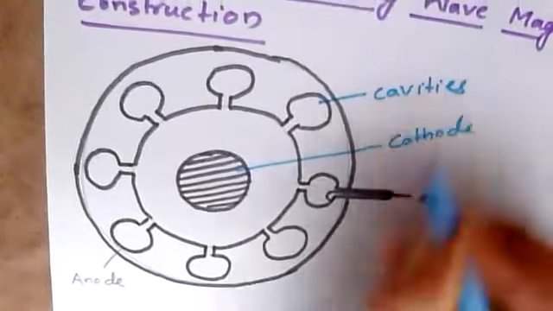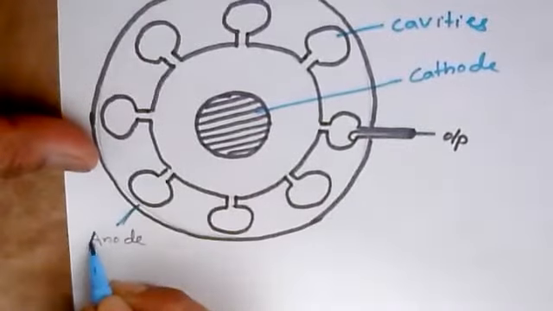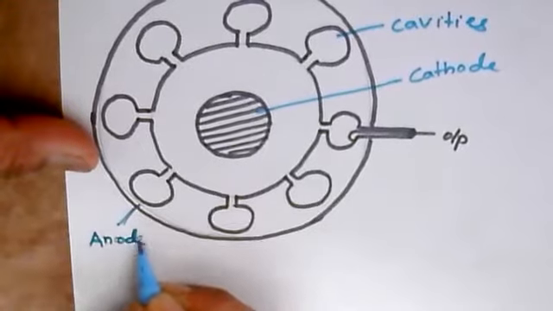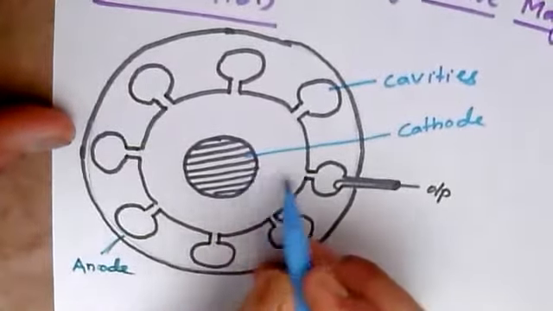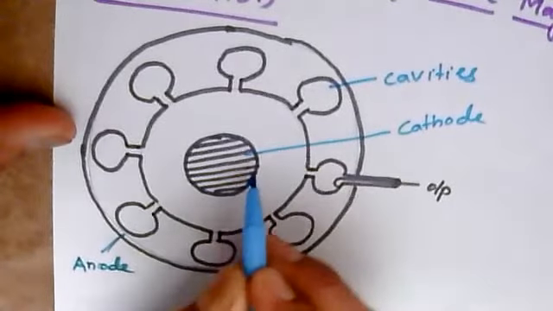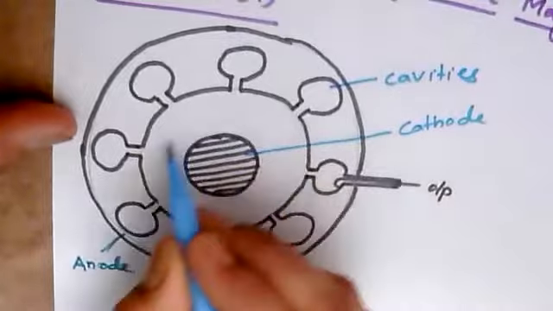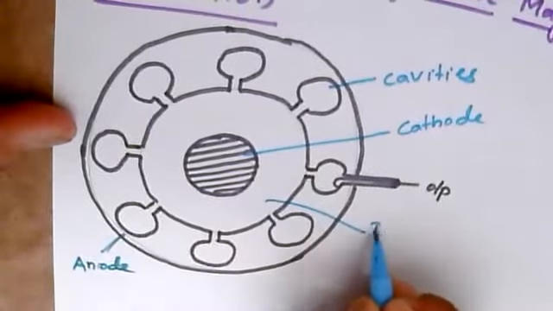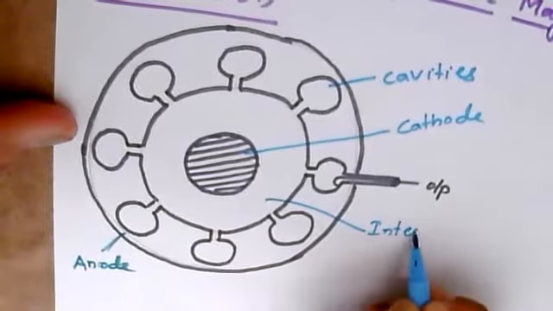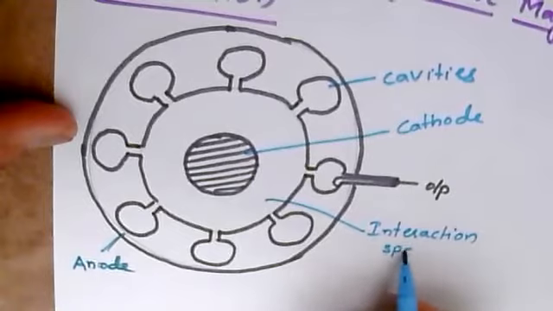And this is the anode, as I have written. This is where the electrons will start their journey from the cathode and try to move towards the anode. So all this particular space is considered to be the interaction space or gap.